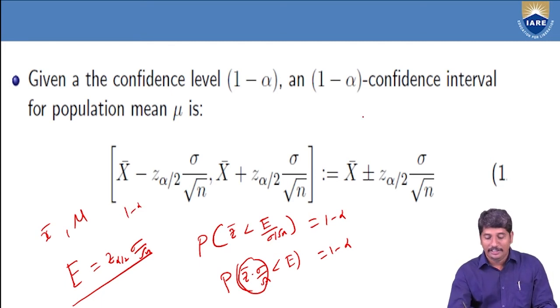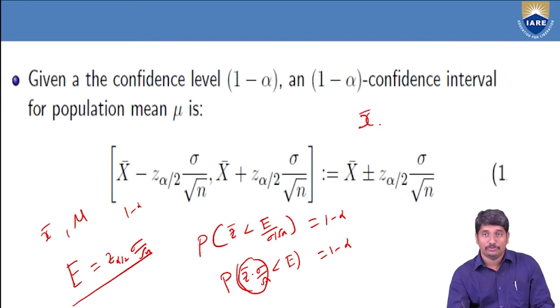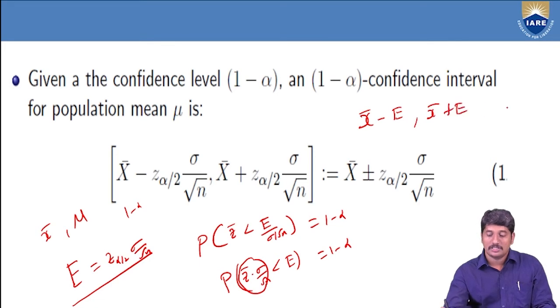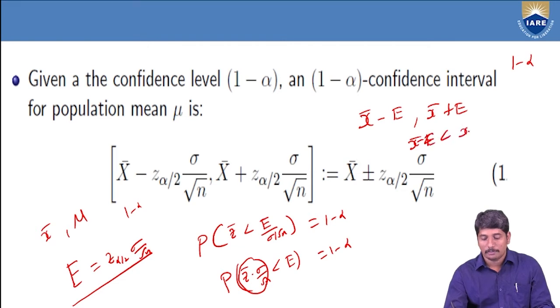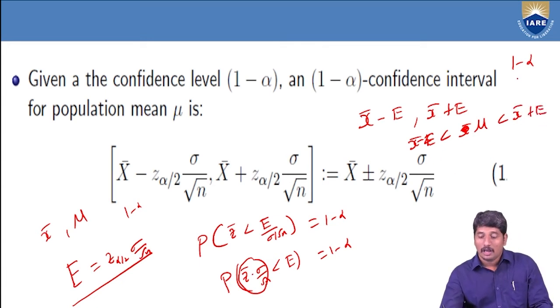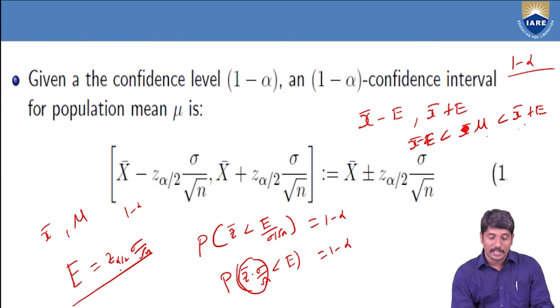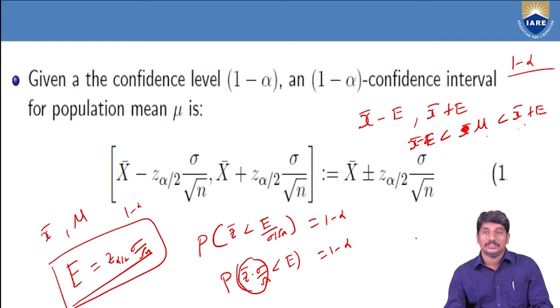And with this, we define the interval of mu falling around x bar as x bar minus E, comma, x bar plus E. That means we are saying that with 1 minus alpha confidence, mu will lie between x bar minus E and x bar plus E. E is the error between x bar and mu, estimated with the formula E equals Z alpha by 2 into sigma by root n.